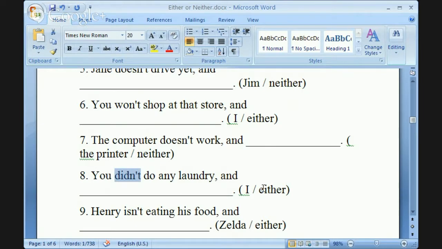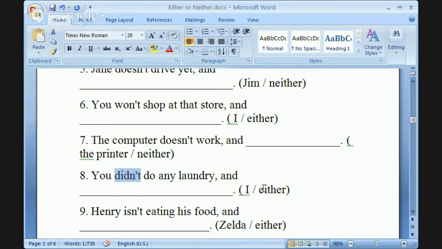Again, the idea coming back from the very beginning, we use either and neither the same way that we would use too, T-O-O, and so, or so did I, so do I, except that they're in negative sentences. We use so and too.